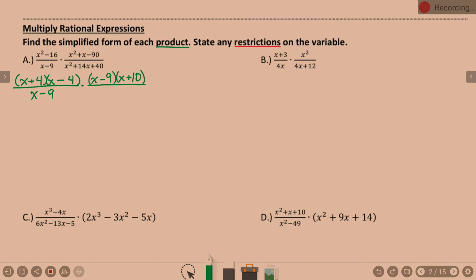And what about x squared plus 14x plus 40? Well, occasionally you might run across something that doesn't factor, but this one factors. X squared is x and x, multiplying to be 40 and adding to be 14. 4 and 10.